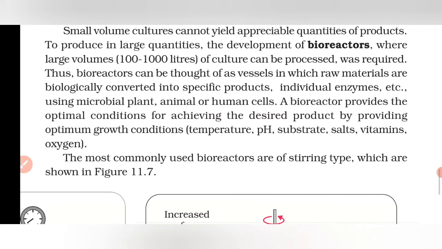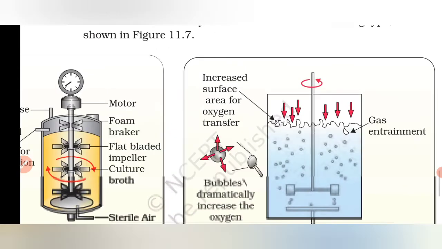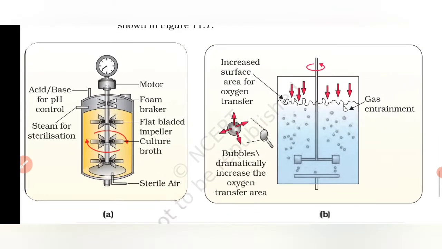And thus a bioreactor can be thought of a vessel in which raw materials are biologically converted into a specific product or individual enzyme, etc. A bioreactor provides the optimal conditions for achieving the desired product by providing optimum growth conditions like temperature, pH, substrate, salts, vitamins, oxygen, etc.